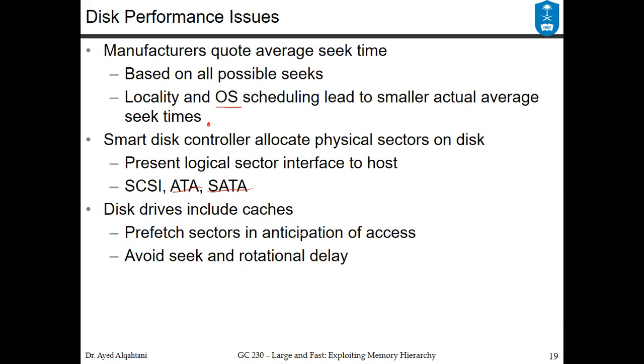So if you are getting a certain sector, you should prefetch the sectors that are close to it and put them into the cache. So next time you get it from the cache quickly, and this way you avoid the seek and the rotational delay.